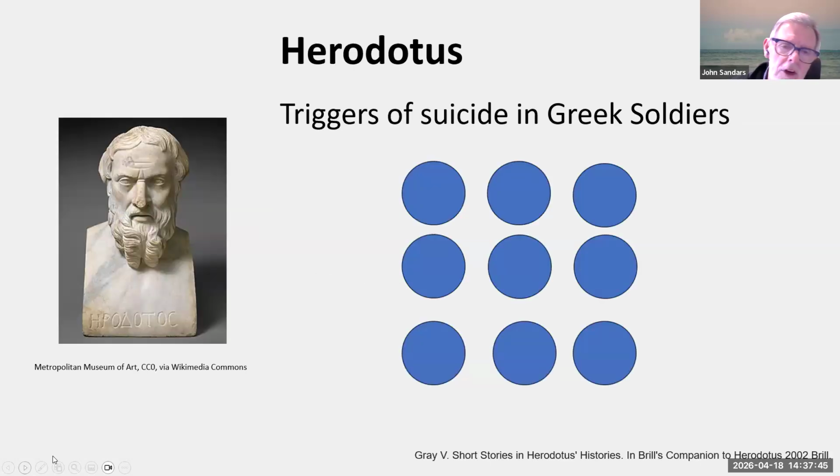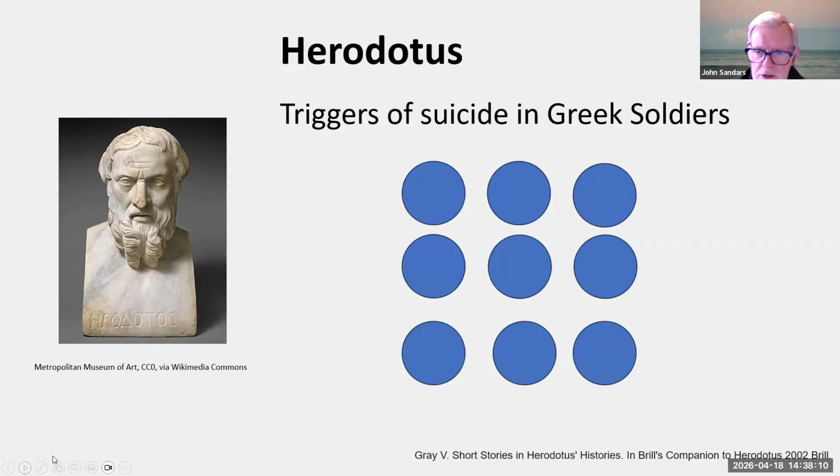Probably one of the first case studies described as case study research was by Herodotus, a Greek who was interested in the triggers of suicide in Greek soldiers. What he did was to consider each soldier as a unique case.